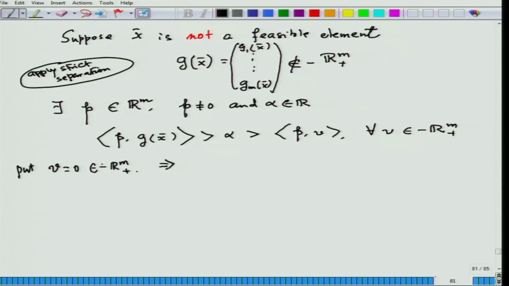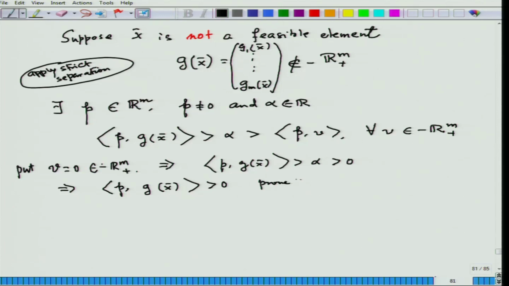This would imply that P of g(x bar) is strictly bigger than alpha, strictly bigger than 0. So, what you have proved here is P of g(x bar) is strictly bigger than 0. Now, what I want to prove is that P of v is less than or equal to 0 for all v in minus R^m_+.